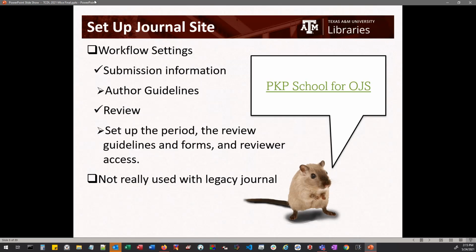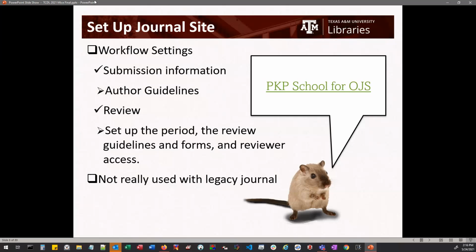The review tab is pretty self-explanatory. It's where you set up the default review period and basically format all of your settings for your reviewers. That means that you can send automatic email reminders through your site. You can add review forms, set up a competing interest statement, and create guidelines.